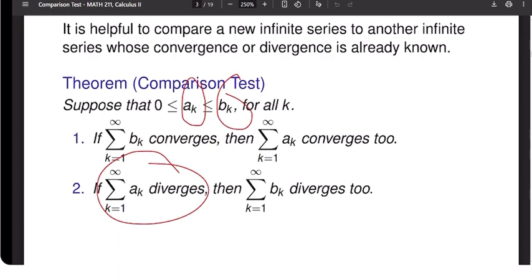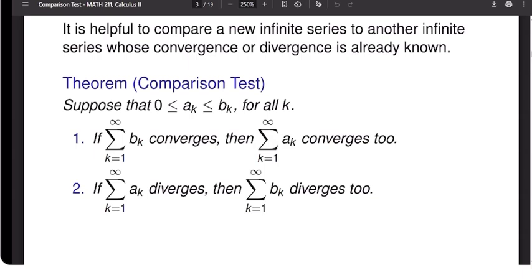But let me tell you this. In the comparison test, we normally use a different kind of test, even within the comparison test, like the P-series and geometric series. So I'm going to walk us through an example. Please pay attention.